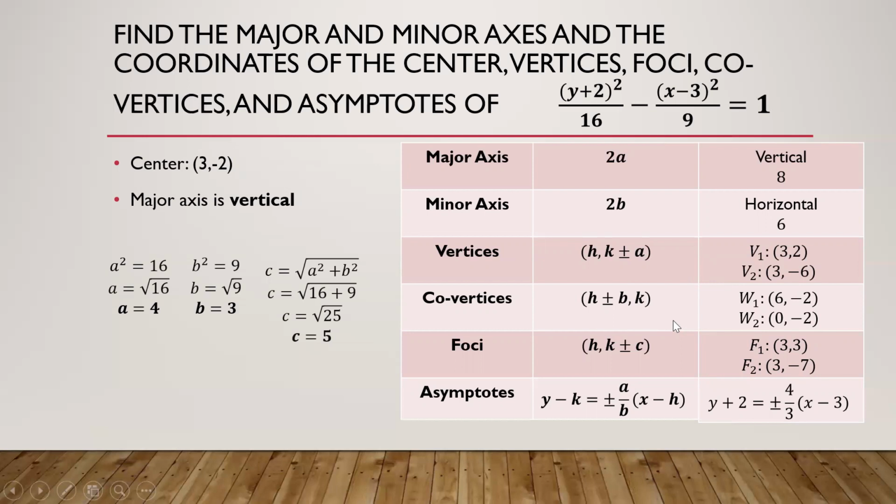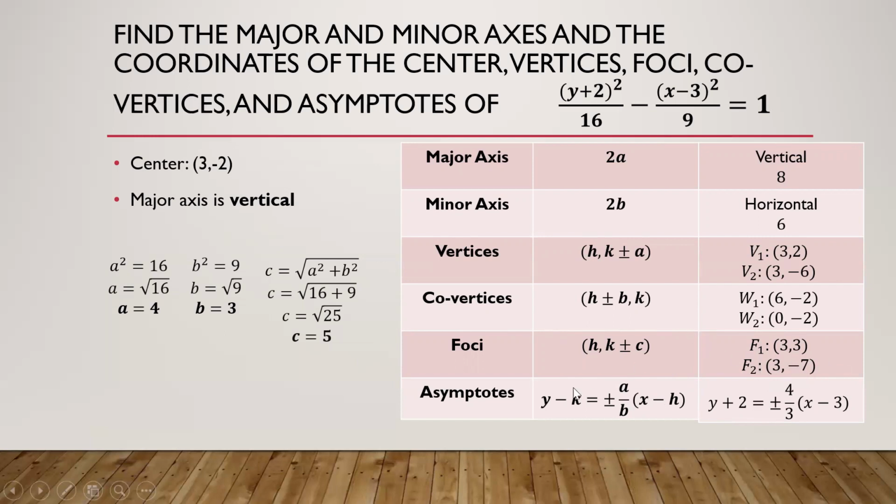Next, for our foci, it's h, comma, k plus c. So k plus c, that's negative 2 plus 5. That gives us 3. So we just copy the h, which is 3, comma, 3. Next, h, comma, k minus c. So k is negative 2 minus 5. That gives us negative 7. So our answer would be 3, comma, negative 7.